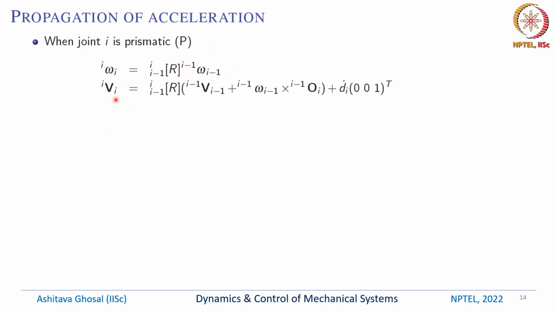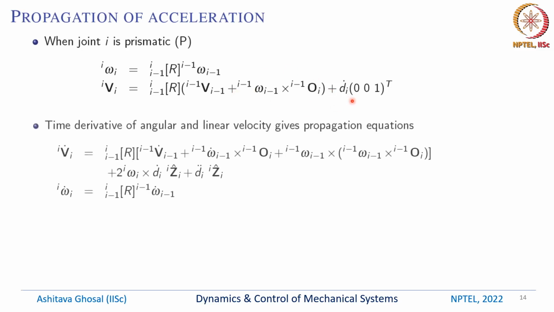The linear velocity of the ith rigid body, which means the linear velocity of the origin of the coordinate system attached to it, is the linear velocity of the origin of the previous rigid body plus some omega cross r, and this is the translation at the prismatic joint.